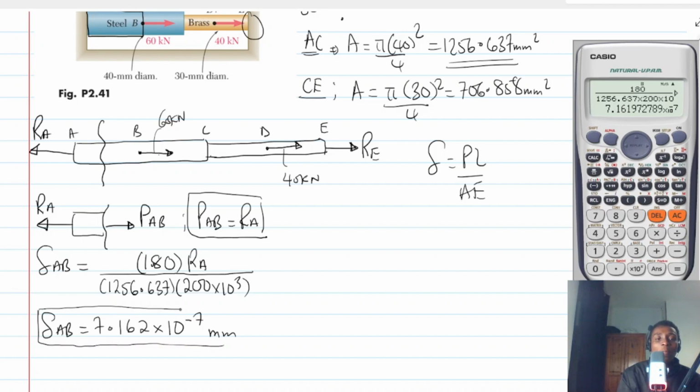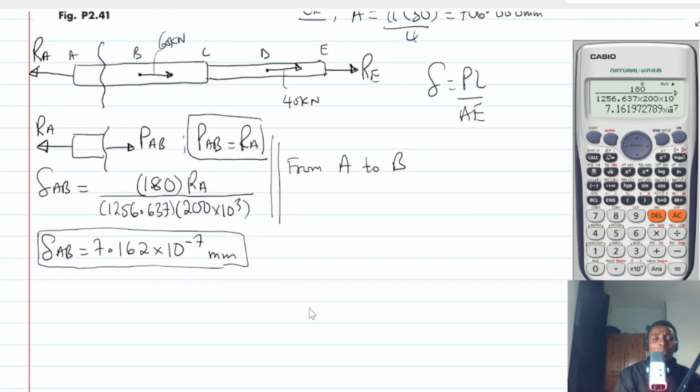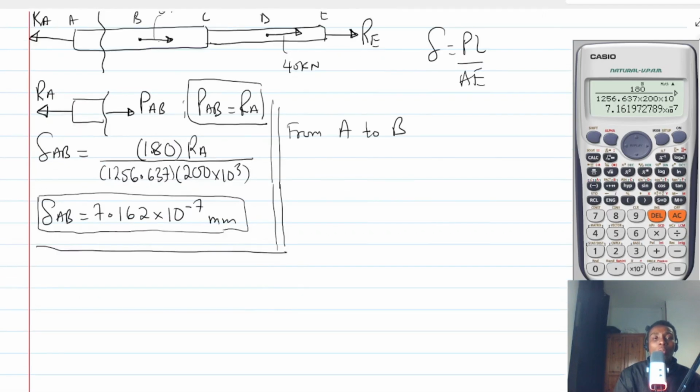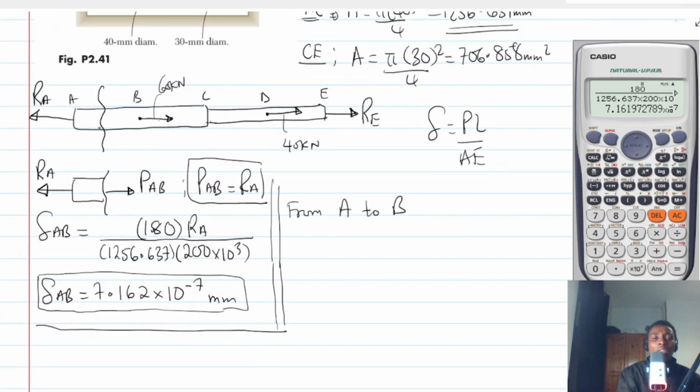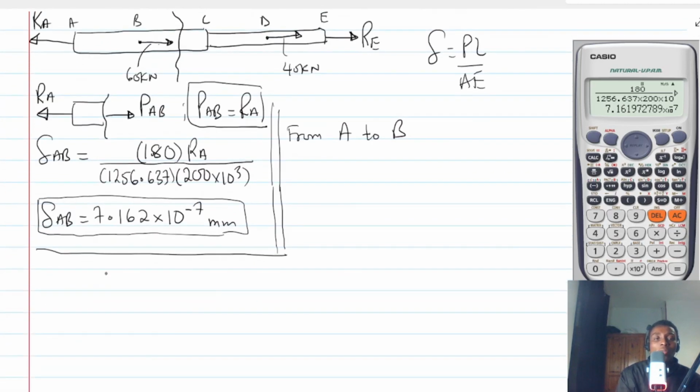So what we have here is just from A to B. Now let's do from B to C. So from B to C, I don't want to draw the whole thing again, but instead of sectioning between A and B, I'll rather section between B and C. Okay, let's not forget that this is 60 kilonewtons. So I will section between B and C.